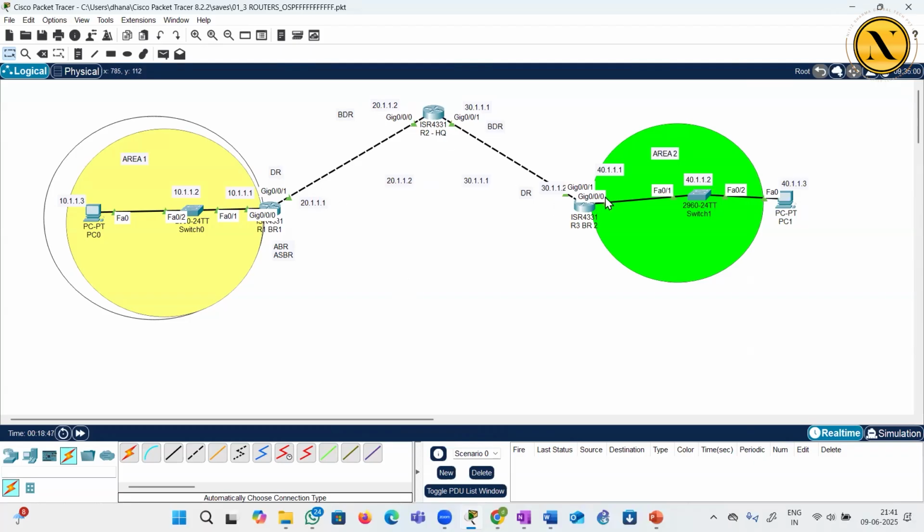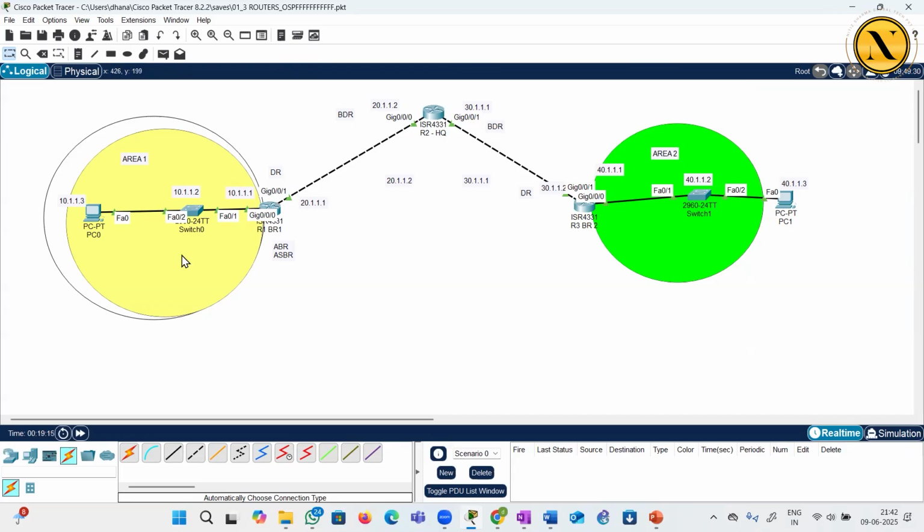And if you want to configure RIP on all the three, which is not in your course, don't configure static and default routes. On all the three routers, just go and type router rip, network 10.0.0.0, network 20.0.0.0. That's it here. Right? Only directly connected. Go here and type router rip, network 20.0.0.0, network 30.0.0.0. That's it. Go here and type router rip, network 30.0.0.0 and network 40.0.0.0. That's it.